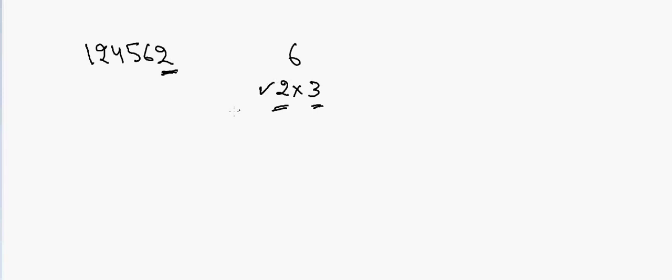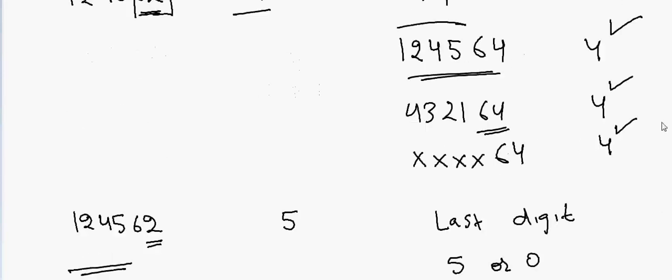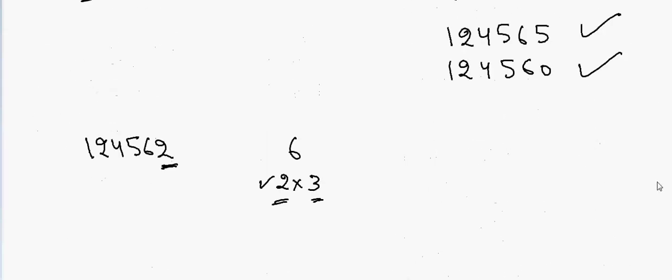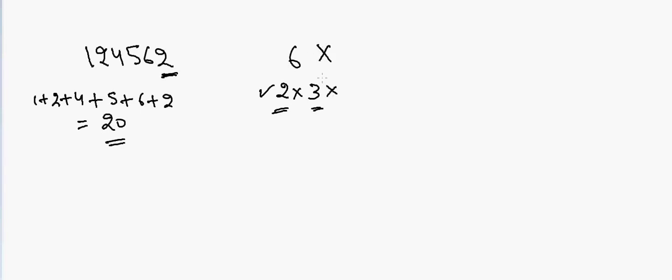But we did the test before and found that the sum of all these numbers, 1 plus 2 plus 4 plus 5 plus 6 plus 2, was 20, and 20 is not divisible by 3. So this number should not be evenly divided by 6. But how can we modify this?